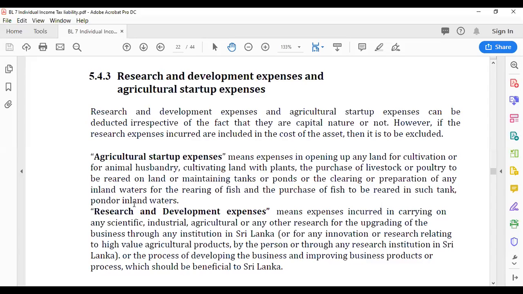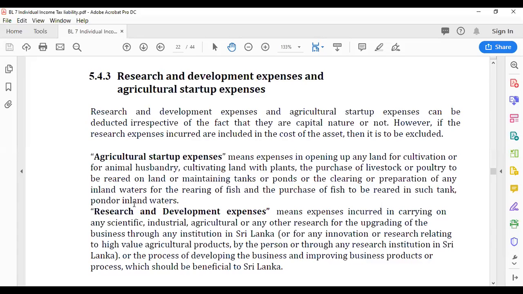Now we are going to introduce a new facial cream that, if you apply it, the face becomes bright within 24 hours. For that, you are incurring some expenditure to invent that kind of product. So the amount you have spent to produce the new item is called research and development expenses, right?